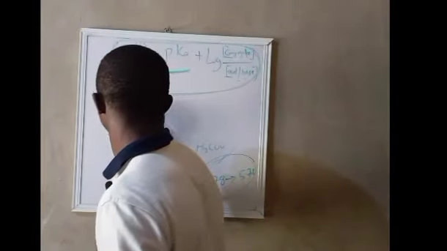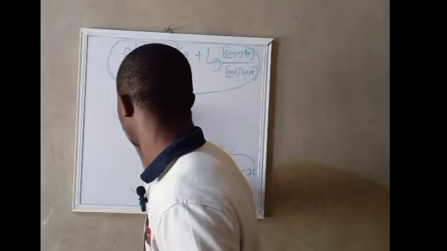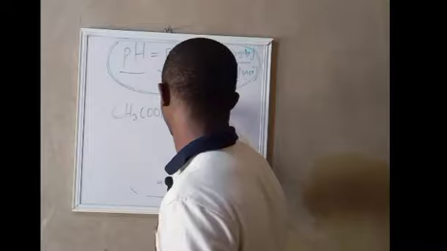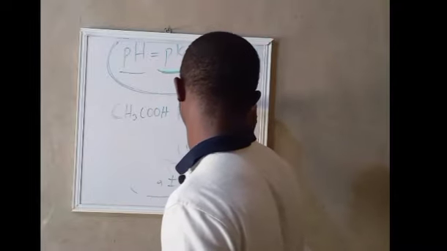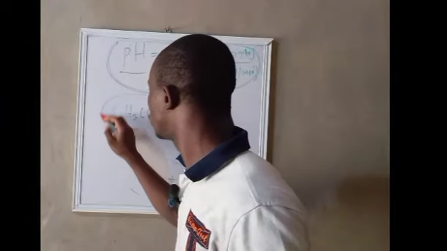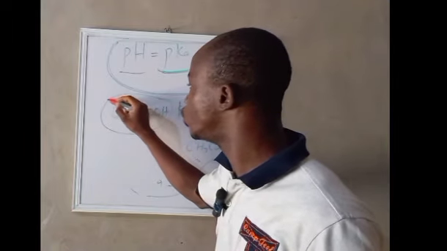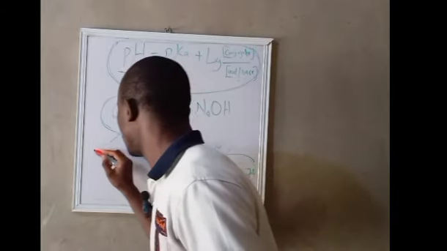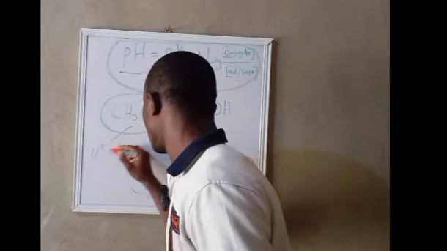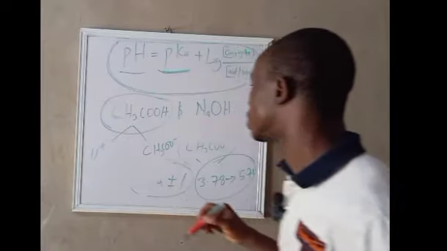Now, this is one way to know. In some cases, they can give you a buffer prepared using a weak acid, let's say CH3COOH, and a strong base. When you have a solution of a weak acid, it will partially dissociate such that you are going to have some H plus and some CH3COO minus.